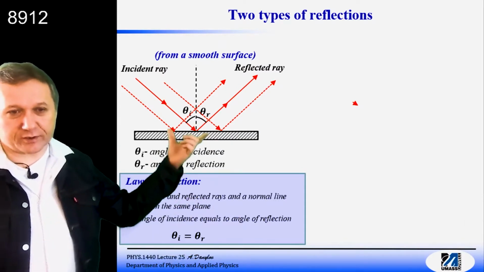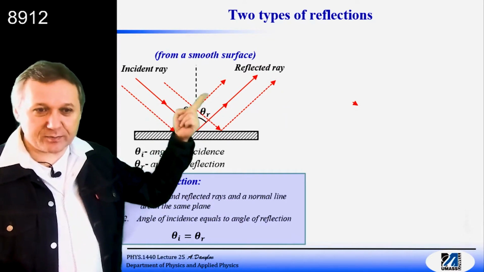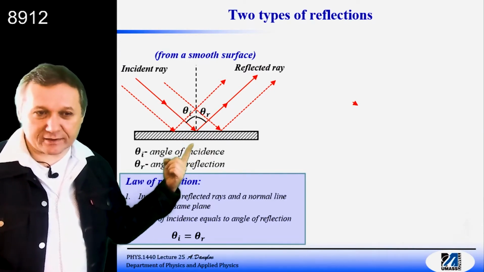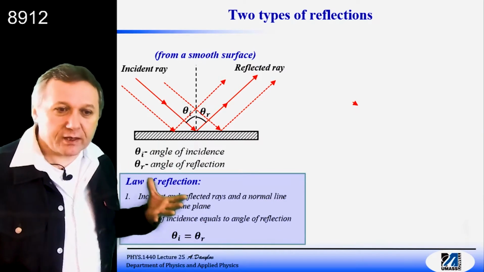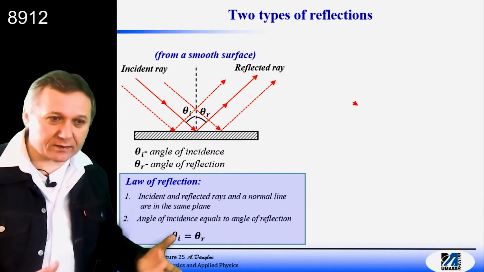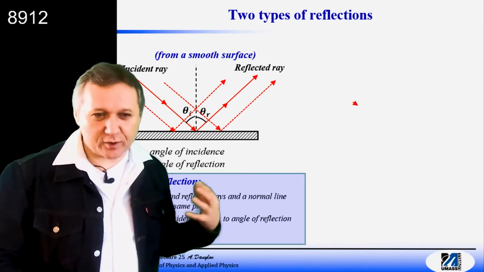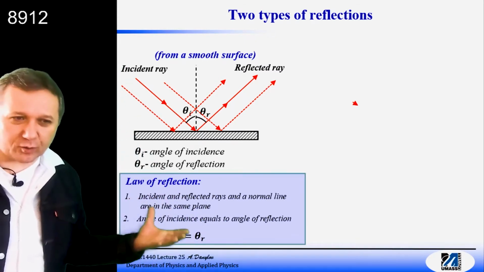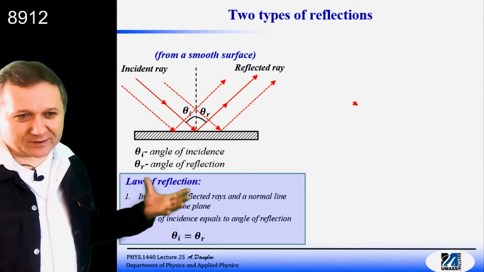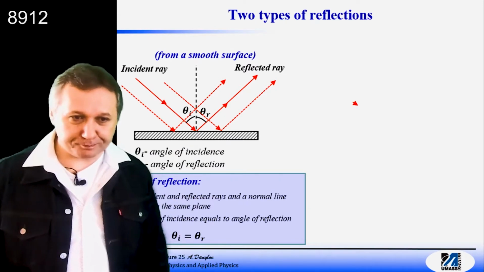There will be a wave equation describing light in this medium, then a wave equation describing light in this medium, and again you apply boundary conditions, and both of these statements appear naturally. You just do the math, calculus, and you will get them. So since it can be derived, strictly speaking, we should not call it a law, but nevertheless, it's a widely accepted name, law of reflection, and of course we are going to use it also.